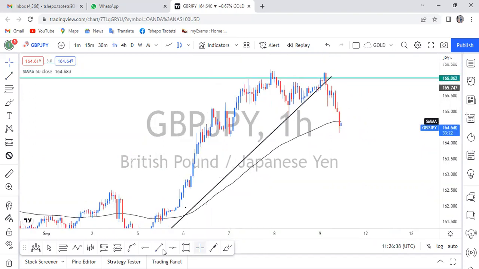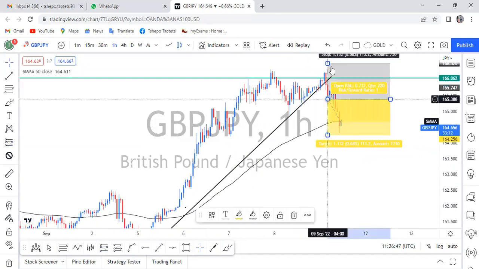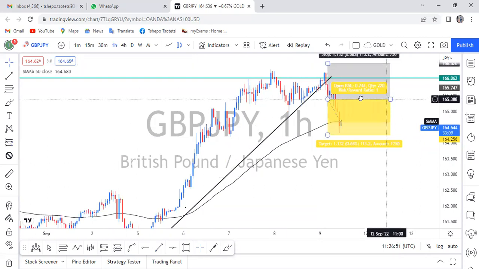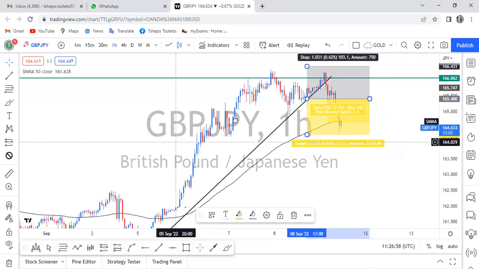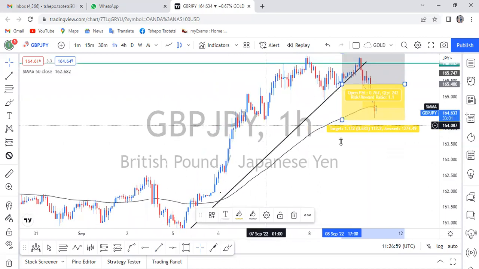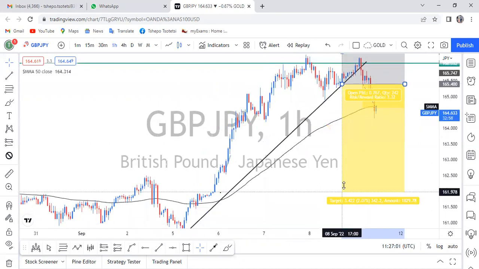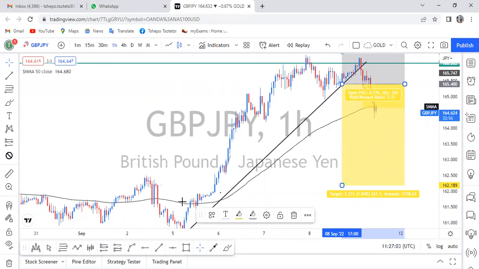So you can say when price breaks this trend line, maybe you wait for a 1 hour full candle to close, and you're going to take your entry, let's say somewhere around here. Where are you going to exit? You're going to look for your next support level, and that's where you're going to exit.